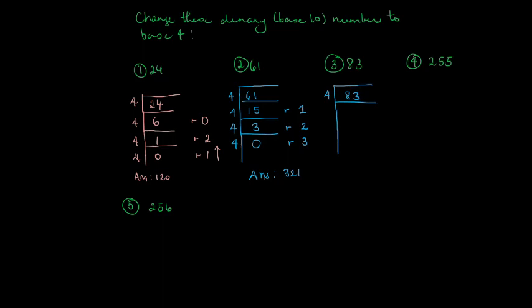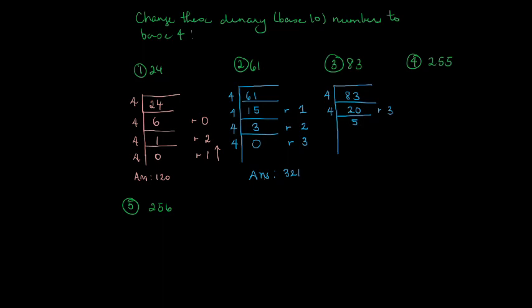How many times can 4 go into 83? Use the calculator, and we see that 4 can go into 83 20 times. 4 times 20 is 80, so 80 from 83 has a remainder of 3. Can 4 go into 20? Absolutely.